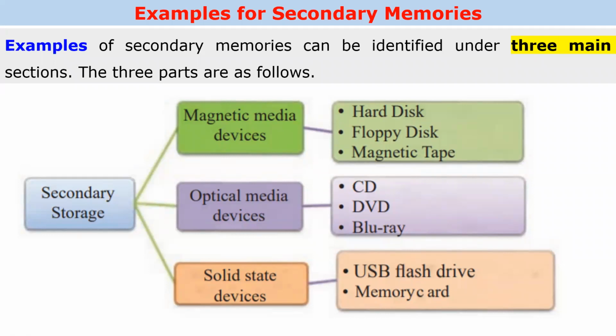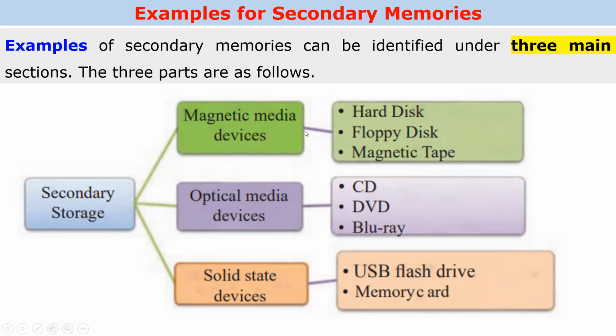Secondary storage, you are going to divide it into three categories based on the technology they are using to create the secondary memories. First one, magnetic media or magnetic technology. Second one, optical. Third one, solid state.